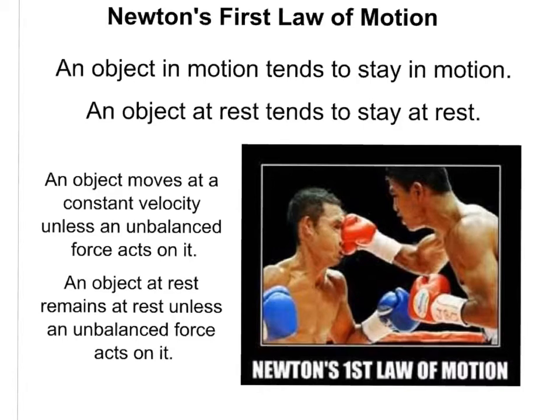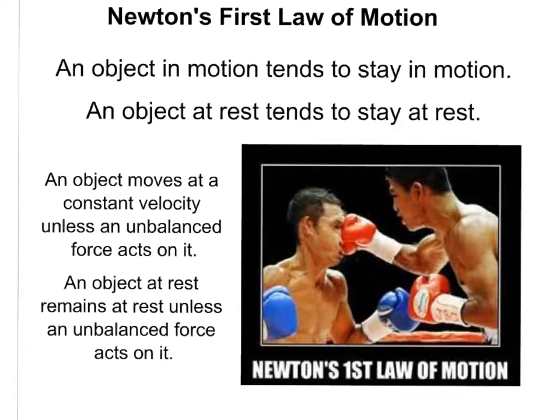Likewise, if an object is moving at a constant velocity, it will continue to do so unless it's acted on by an unbalanced force. You could think about this man's arm moving through the air. It is certainly acted on by the unbalanced force of this man's face, exerting a force in this direction.